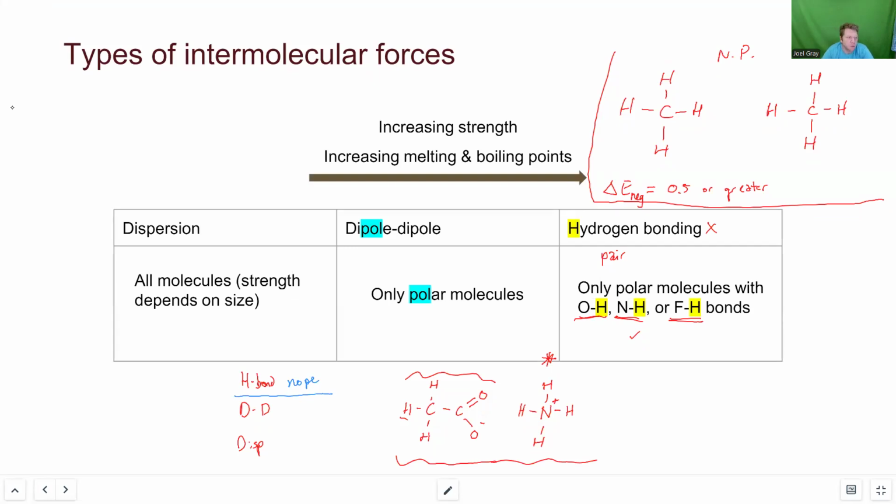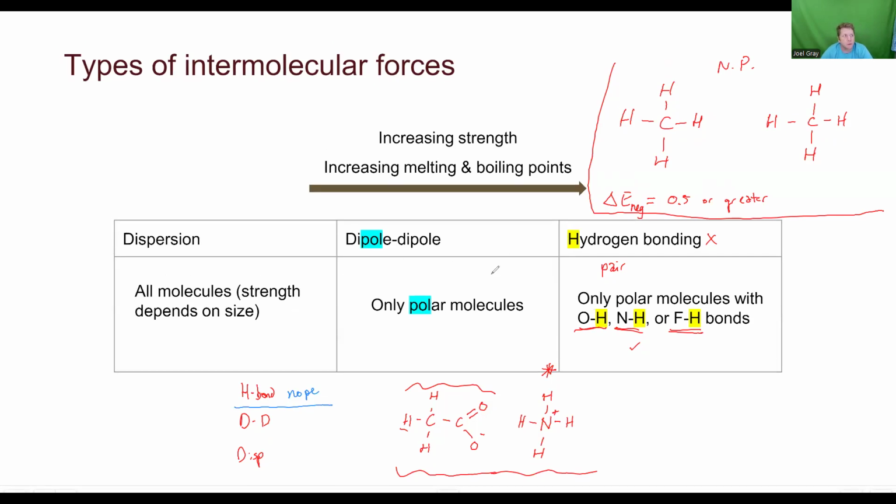Do these two molecules have charges? Both of these molecules have charges. In which case, what do we want to say about their ability to have a dipole-dipole interaction? We would say, yes, they do both have charges, so they can have a dipole-dipole interaction.